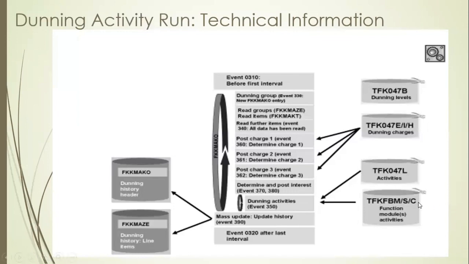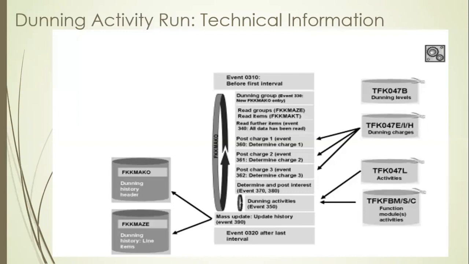And when an activity needs to be added, if you do some configuration, you need to add the dunning activity event, which is 350. So as I mentioned in FICA, we mostly use the event to modify some prerequisites or some customization we can do at the event level to control the processes.